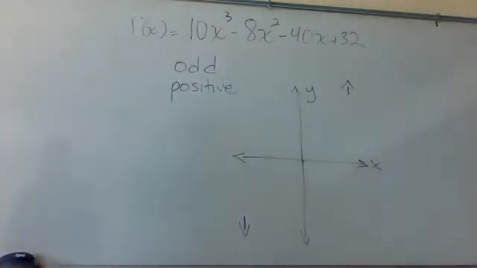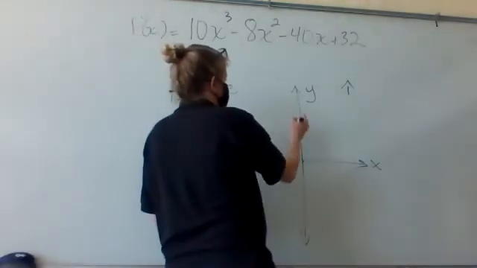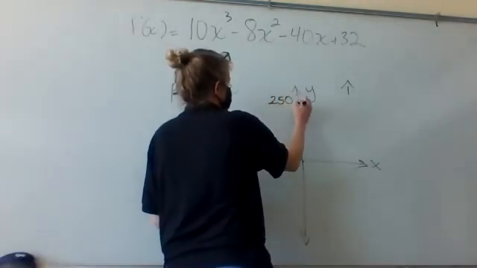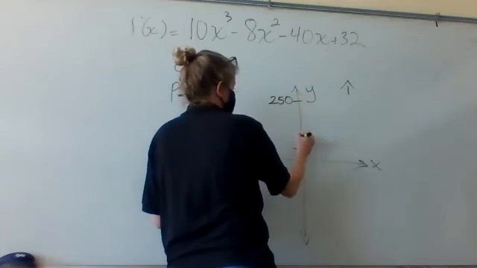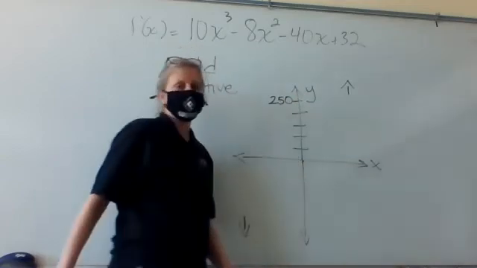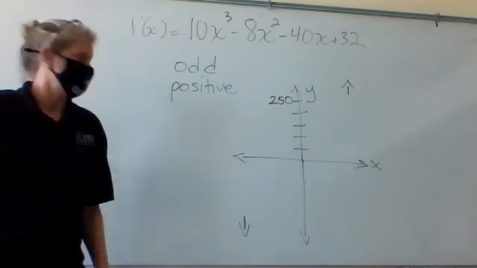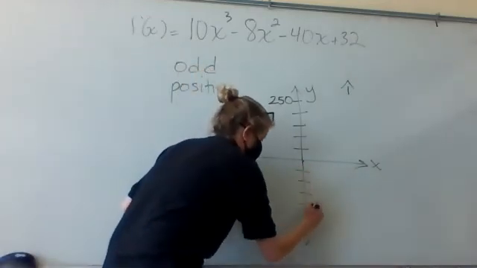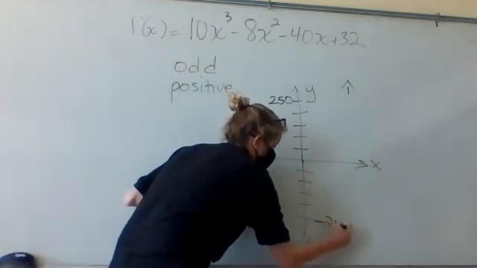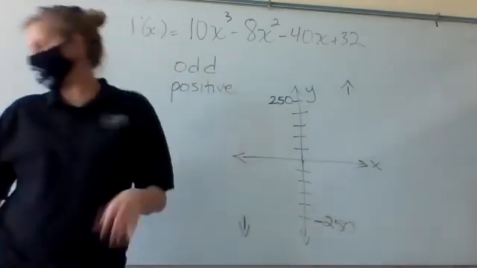Now, here's the weird thing about this one: look at the numbers on your y-axis. 250, and then there's 1, 2, 3, 4, 5 hash marks that get there. Negative 250 down here. Now, why is that important?